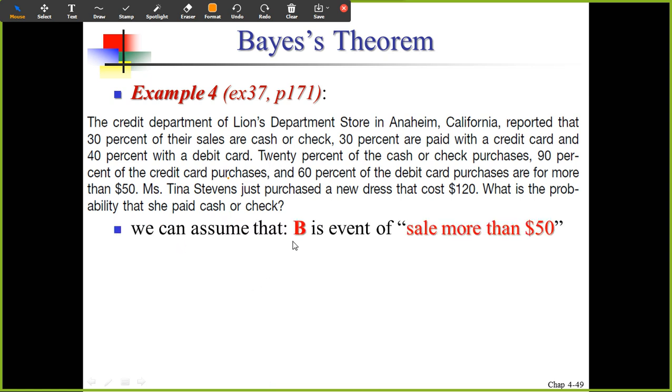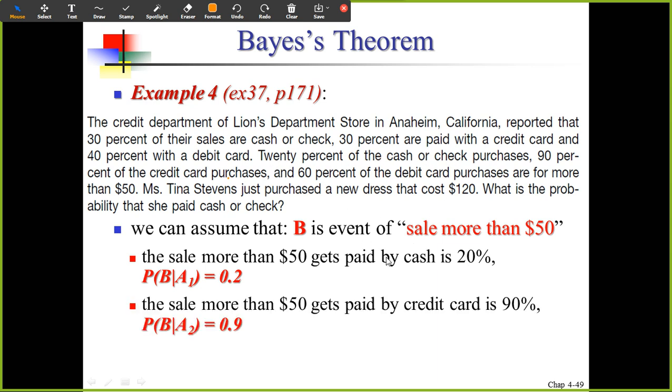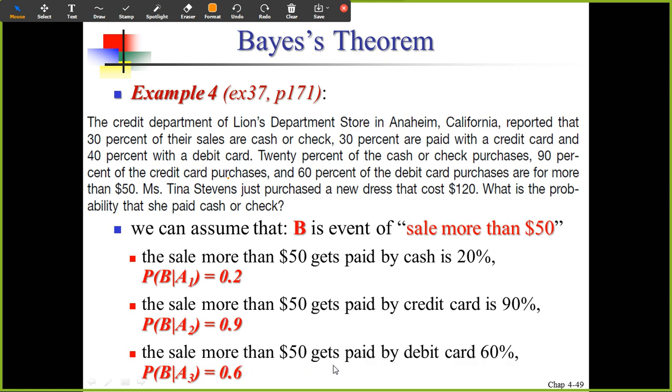Next, event B is a sale of more than $50. The sale more than $50 paid by cash is 20%. The sale more than $50 paid by credit card is 90%. The sale more than $50 paid by debit card is 60%. That's why this is conditional probability.